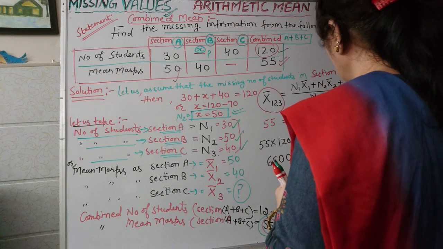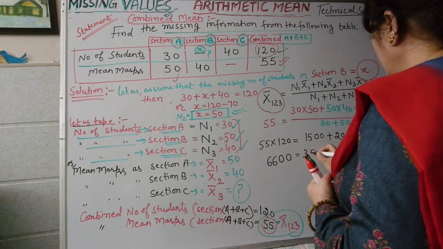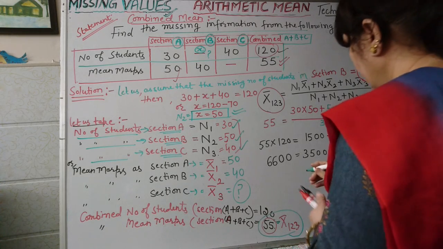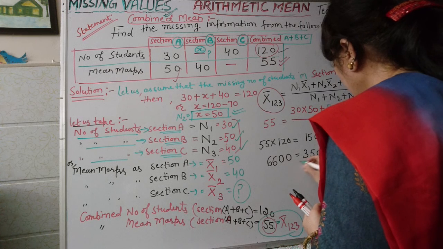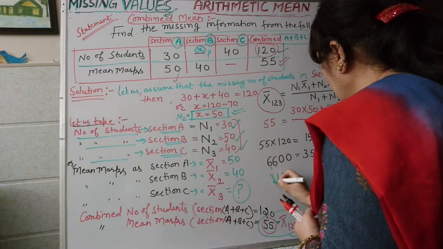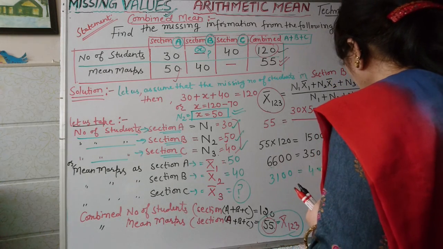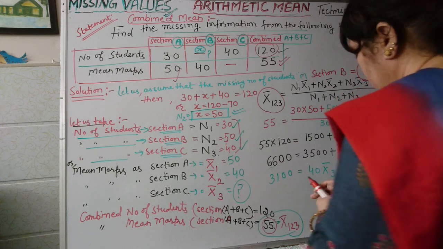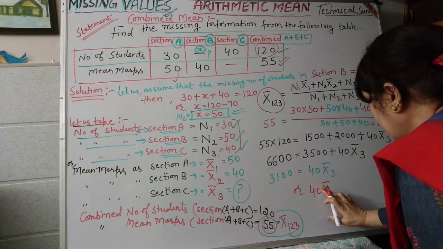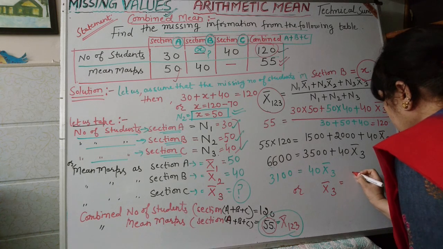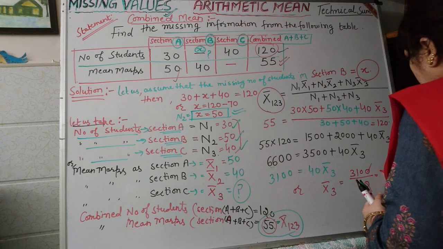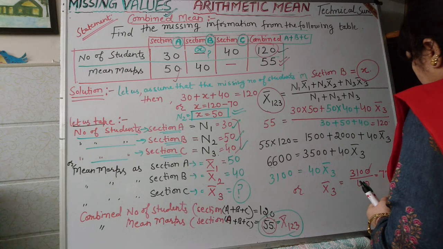So 6600 is equal to 3500 plus 40 x bar 3, or 6600 minus 3500 is equal to 3100, which is equal to 40 x bar 3, or x bar 3 is equal to 3100 divided by 40, which is equal to 77.5.